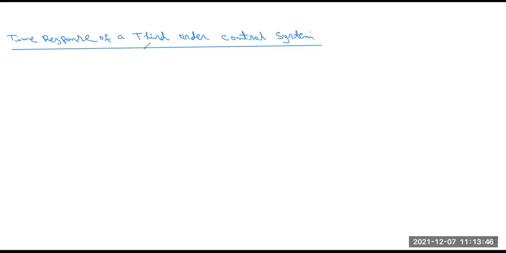Now we discuss the third order control system, where the power of S in the denominator is S to the power 3. We need the transfer function, which is the ratio of the output of the system to the input of the system, that is C(s) by R(s).